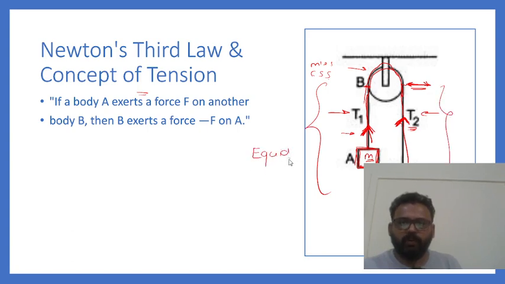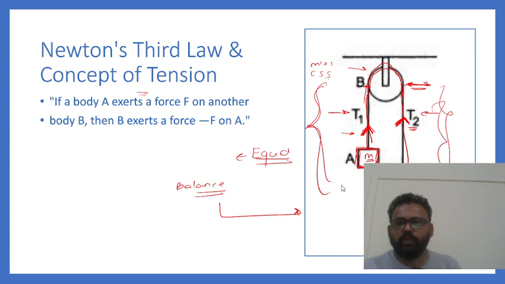What do we mean by equilibrium? Equilibrium means a balanced condition. In this case, if the system is in equilibrium, all bodies are in a state of rest, or more precisely, no body is moving.